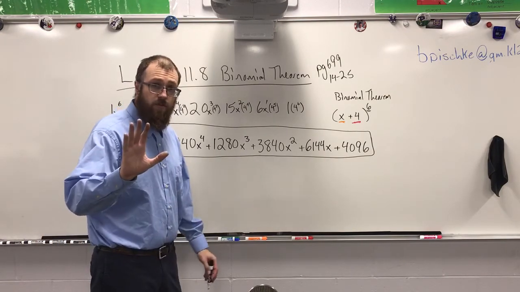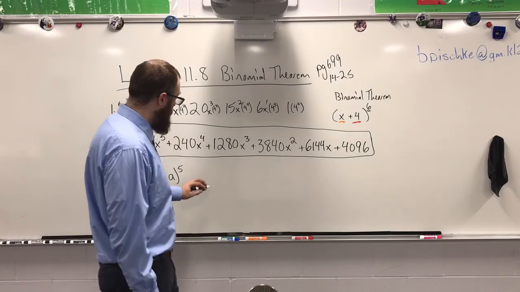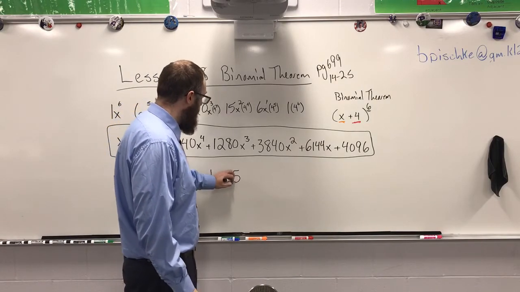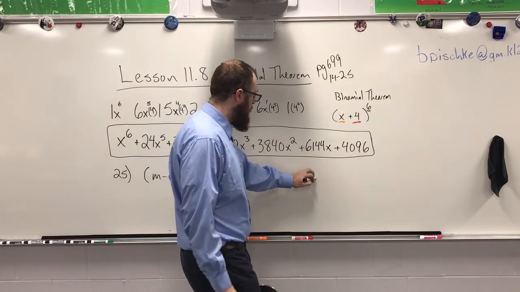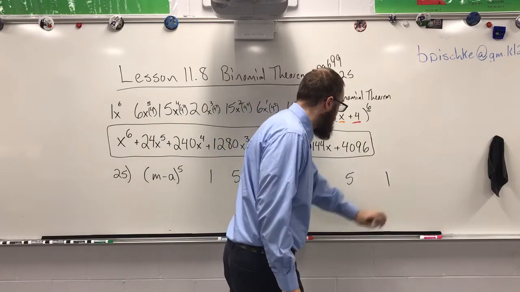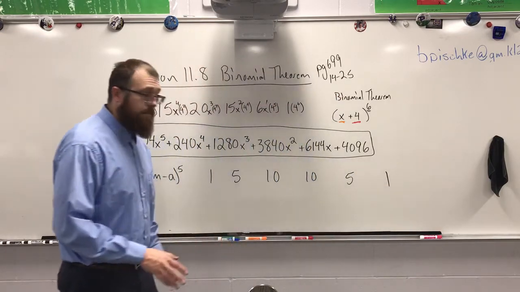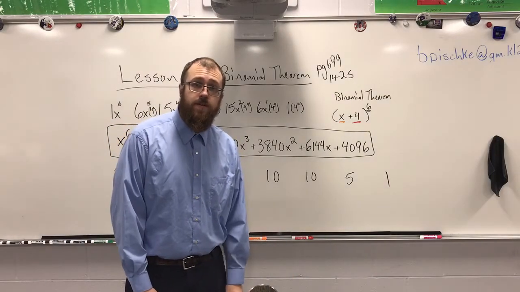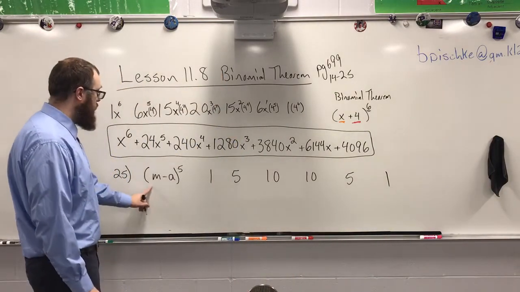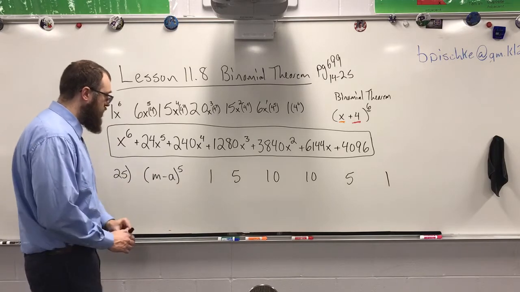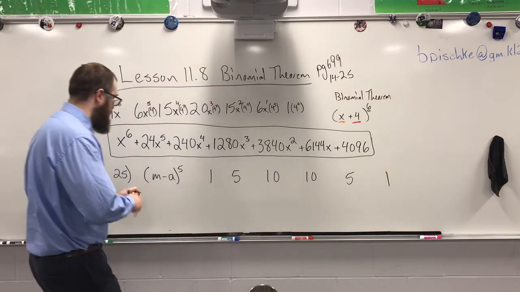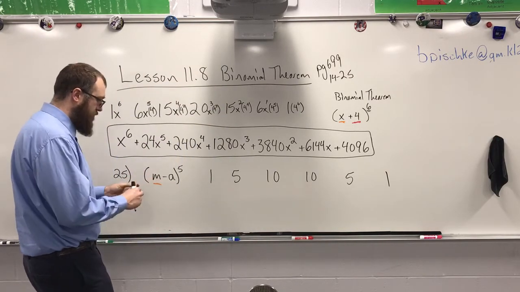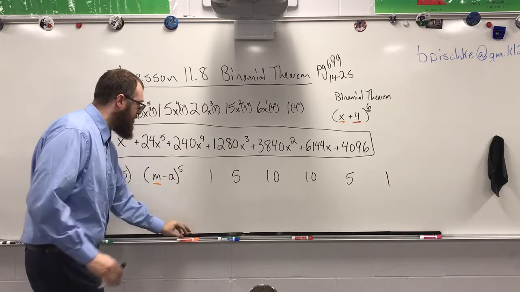I need the 5th row of Pascal's triangle, which happens to be 1, 5, 10, 10, 5, 1. Look it up if you don't know it. Work it down if you want to. Okay? Now, down on this end, I'm going to start with my first term, which is m to the highest power, which is 5.